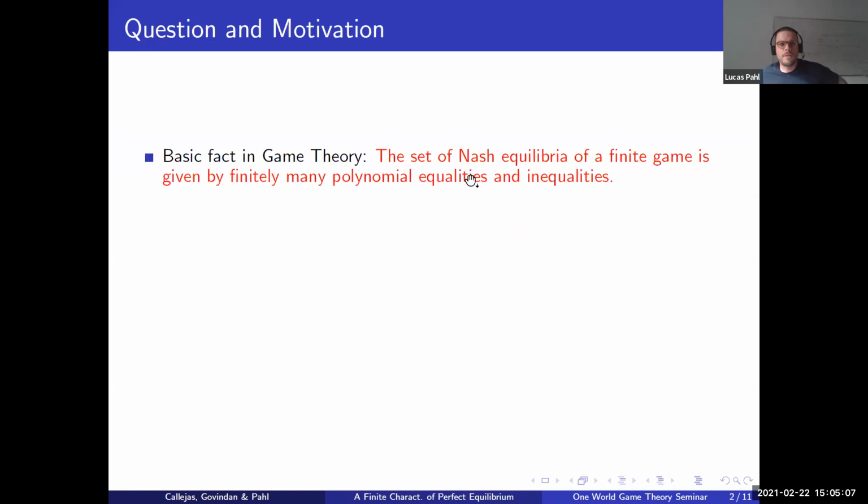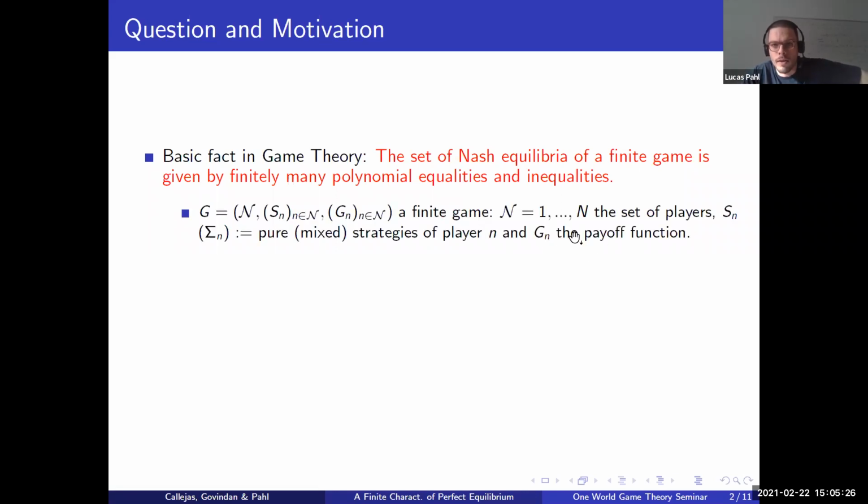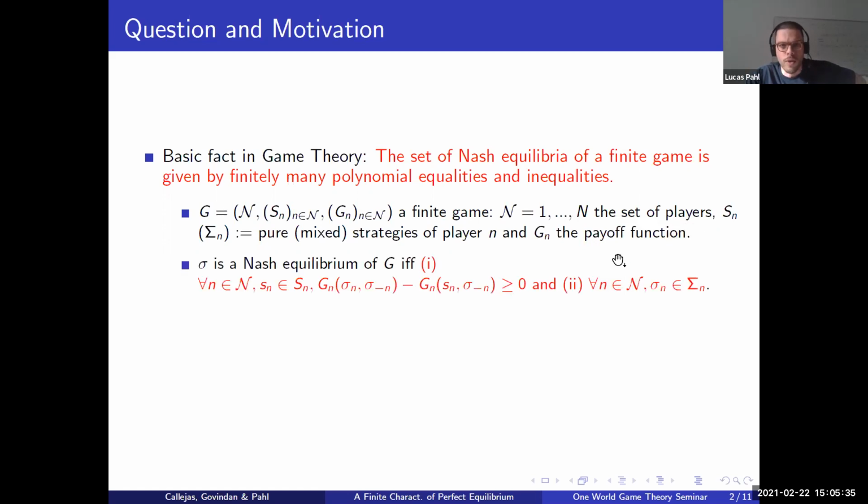So let me start with some basic facts that I hope everyone knows in game theory. The set of Nash equilibria of a finite game is given by finitely many polynomial equalities and inequalities. If we're given an actual finite game, with N the finite set of players, S_n the pure strategy set for each player, Sigma_n the mixed strategy set, and G_n the payoff functions, it's not hard to write down what this set of polynomial equalities and inequalities is.